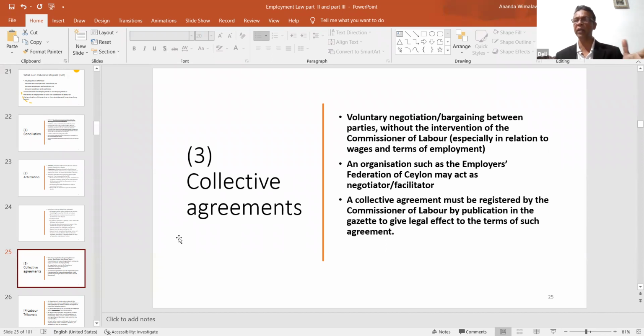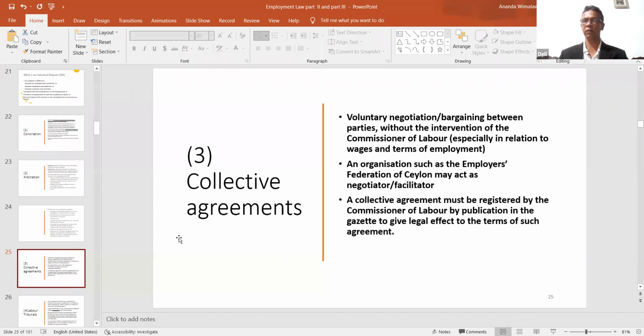We have the amended Industrial Disputes Act number 56 of 1999, the amended one. Still, we are discussing the Industrial Disputes Act. And there is one condition.